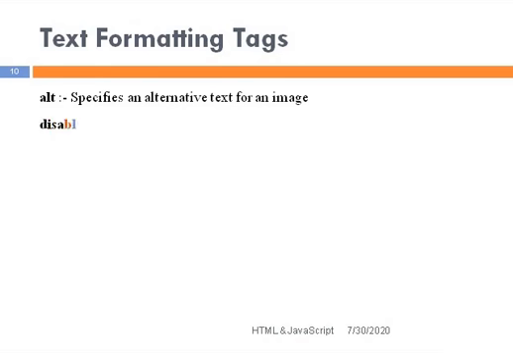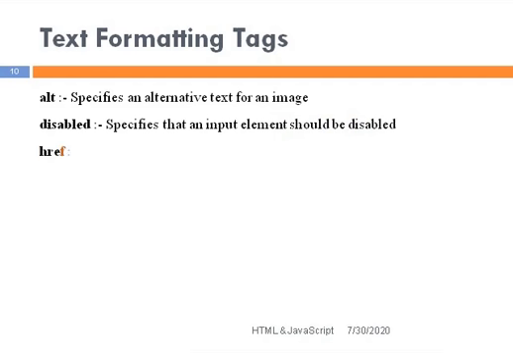Next text formatting tag is disabled. It specifies that an input element should be disabled. So by using the disable tag you can disable any kind of input element. Okay. Now next one is href tag. So this formatting tag specifies the URL, web address for a link.